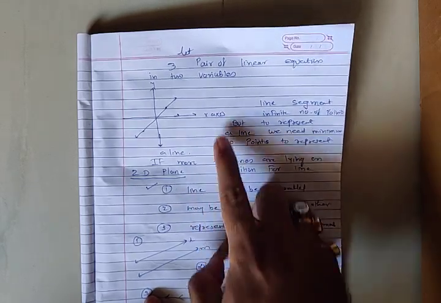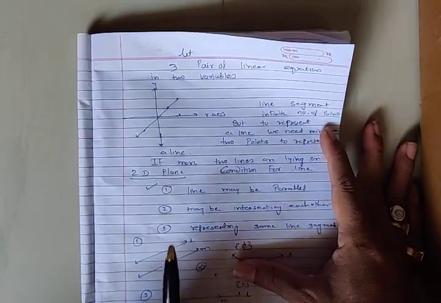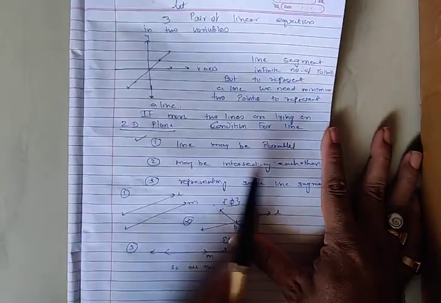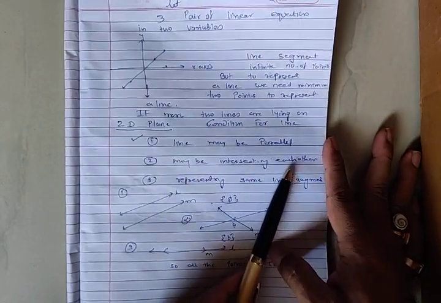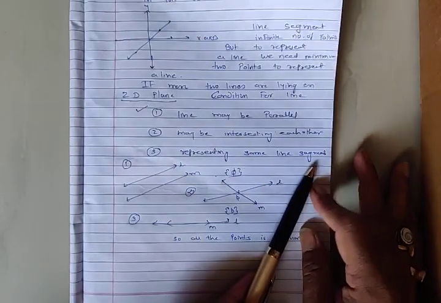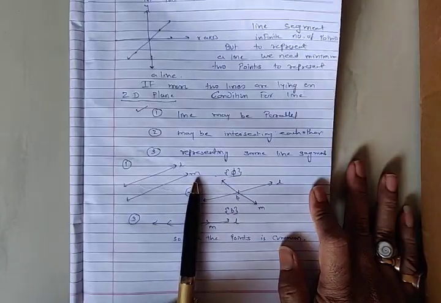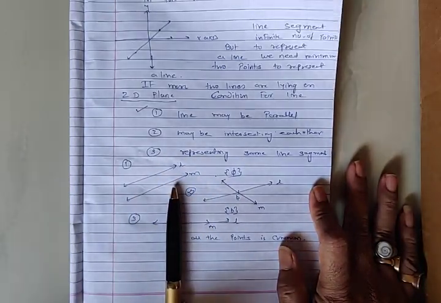If more than 2 lines are lying on a 2D plane, the x plane and the y plane, then there are a total of 3 conditions. One, the lines may be parallel, may intersect each other, or may represent the same line. When the lines L and M are parallel, they do not have any common point.